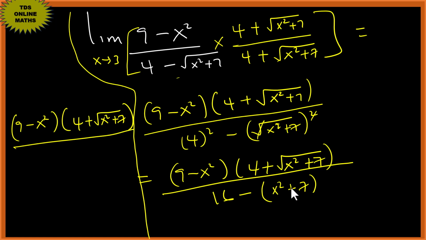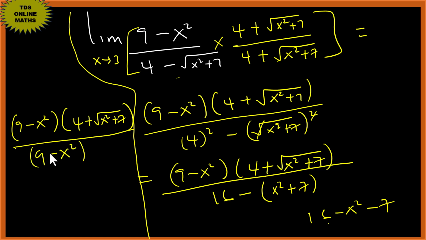So this side will be 16 minus x squared minus 7. So 16 minus 7 here will be 9. So we have 9 minus x squared.